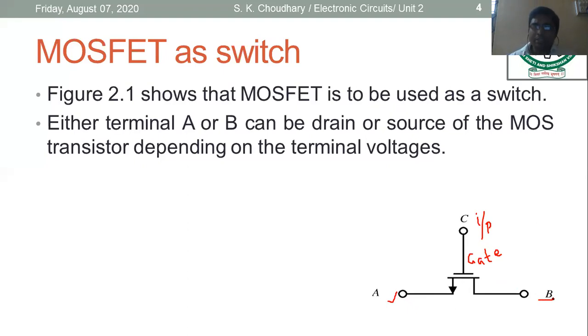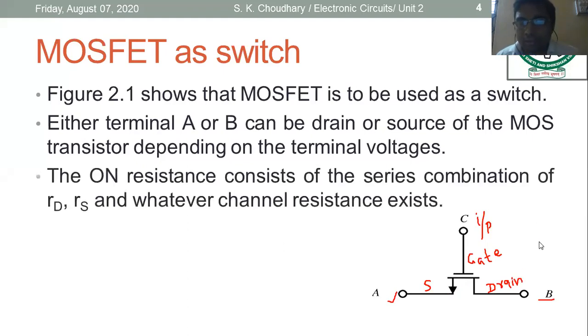For the sake of simplicity in our discussion, we have also shown an arrow that helps in identifying the source terminal. So here it is very clear that A is acting as the source terminal and B is acting as the drain terminal. It is very simple to identify which is source and which is drain, but you can also interchange them. It is not compulsory to use A as a source and B as a drain. You can interchange depending upon the shifting of the terminal voltages.